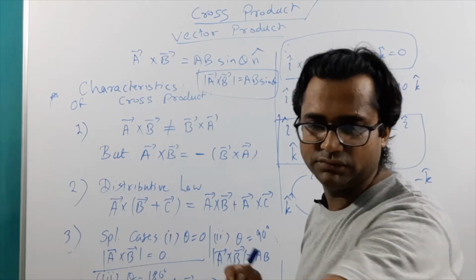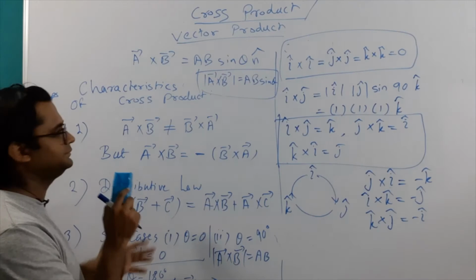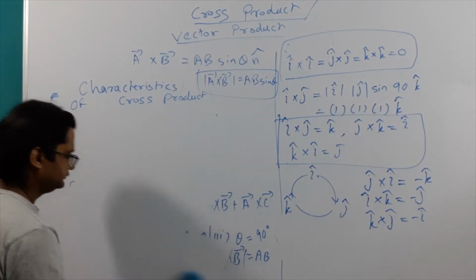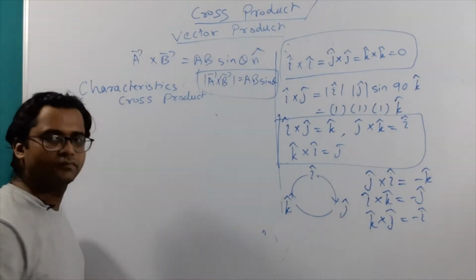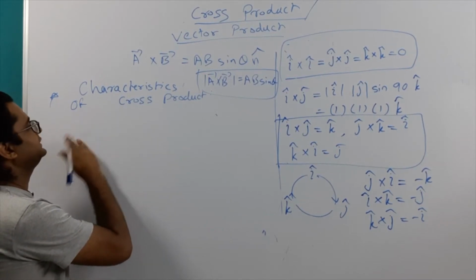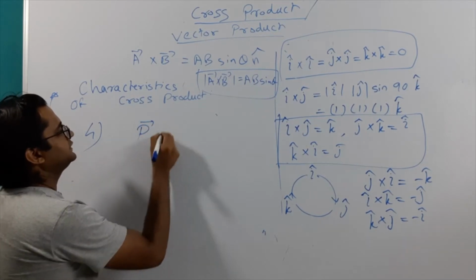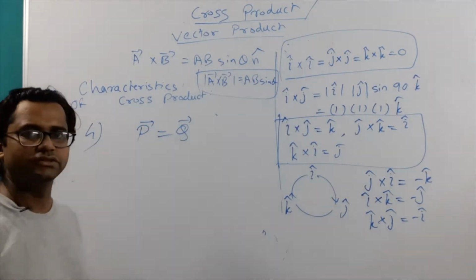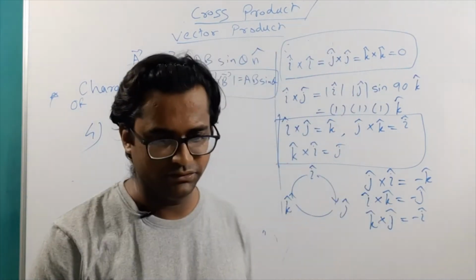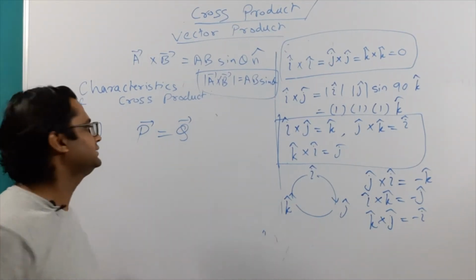Now if I have two vectors which are equal, my first vector and second vector are equal. So let me write the fourth property here. If I have p vector equal to q vector, two vectors p and q which are equal, then it means their directions are equal and their magnitudes are equal.